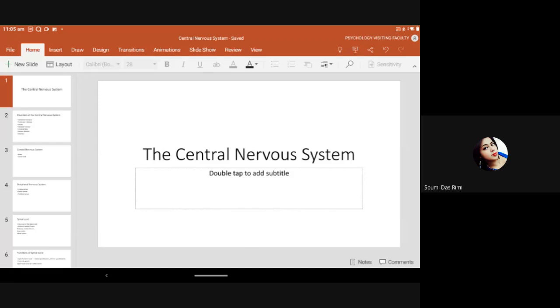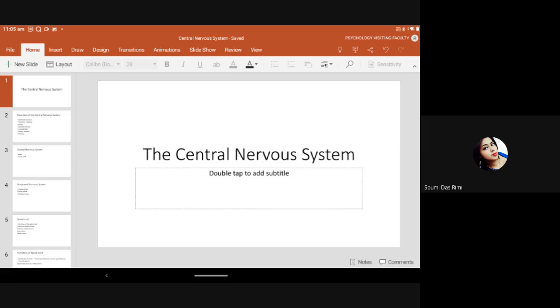It conducts the signals from the receptors to the central nervous system. The efferent or motor division is composed of all the motor neurons, whose function is to conduct the signals from the CNS to the effectors.